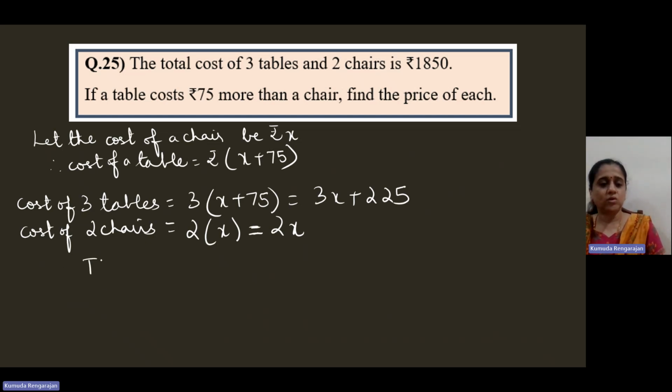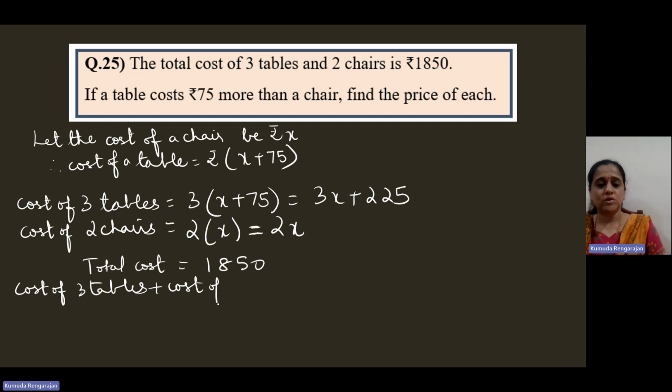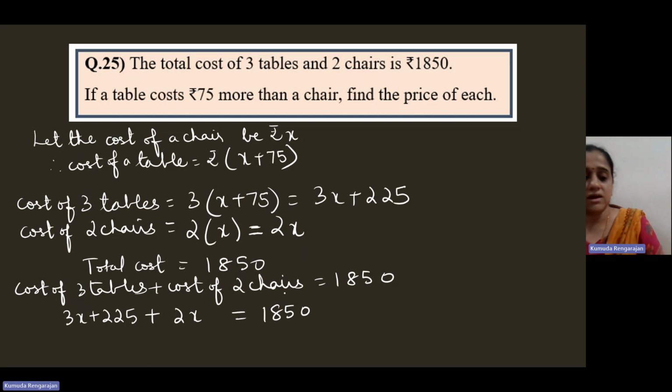That means cost of 3 tables plus cost of 2 chairs is equal to 1850. What's the cost of 3 tables? 3X plus 225. 2 chairs? 2X. Adding both, how much? 1850. Correct? Now this is an equation.